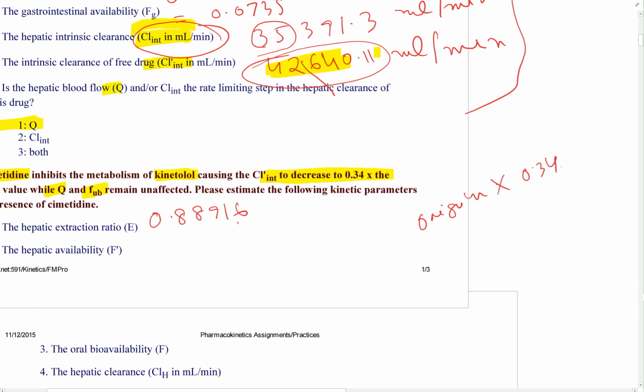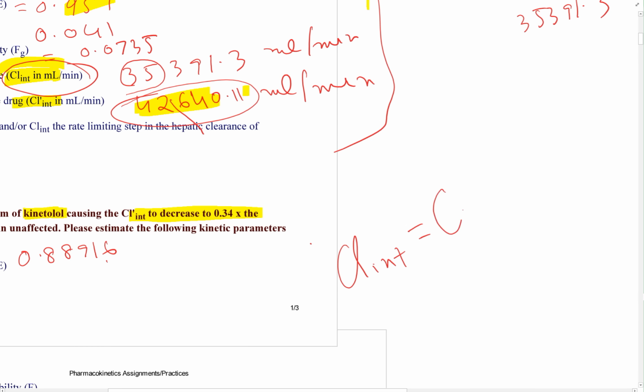This will give you a new CLINT prime, and then with this CLINT prime you calculate CLINT, which equals CLINT prime times FUB.